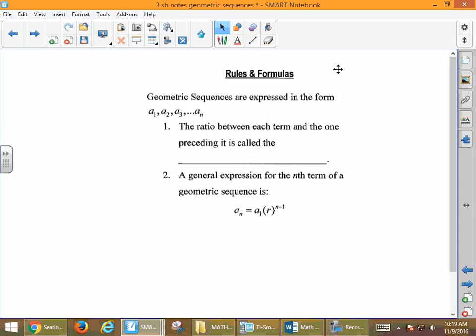For a geometric sequence, geometric sequences are still expressed as a list of terms, but now what happens is that we have a common ratio.